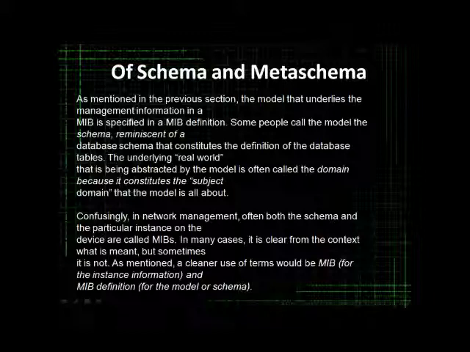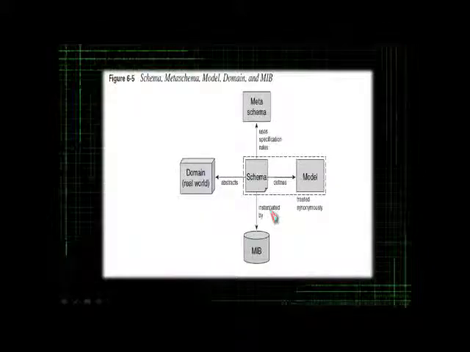The MIB definition itself needs to be specified using some specification language, sometimes also referred to as the meta-schema. The term meta-schema means a schema of a schema, a definition of how to write and interpret model definitions. Figure 6.5 depicts the relationship between schema and meta-schema and model and domain.